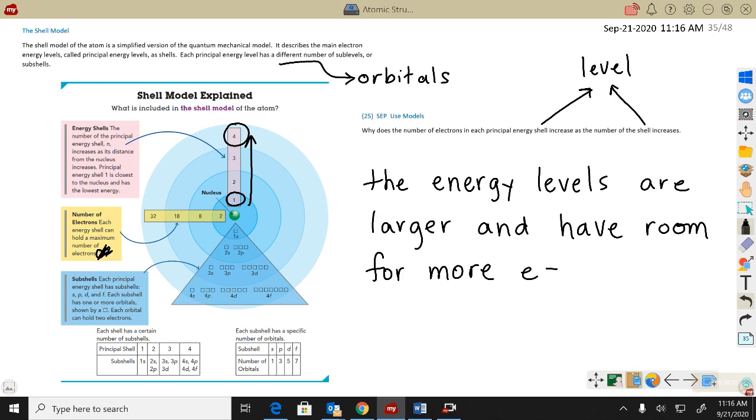So it just makes sense that it could hold more electrons than maybe the first energy level, which is a small region really close to the nucleus. All right, so that kind of makes sense, right? So far, okay? Now we move on to this blue part, subshells. I call subshells orbitals.